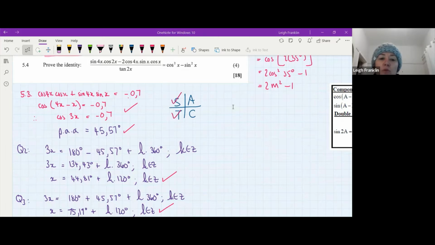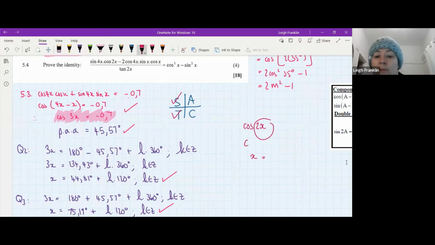Faith, it depends on what's in front of your x. If you ended up with something like cos x, then your angle is x, so there's no need to divide. But if you end up with 2x or 3x or 5x or whatever it is, then you would have to divide through by 2.